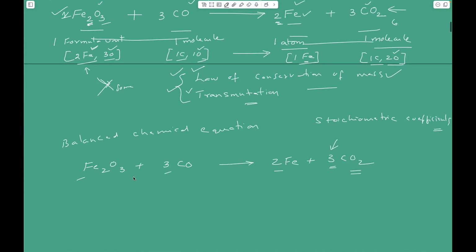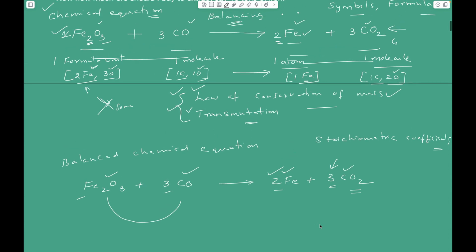They tell a relationship between the amounts of these substances. These coefficients establish a relationship between the amounts of reactants and products, and it is these stoichiometric coefficients or this relationship that we use to calculate the quantities of reactants and products in stoichiometry. That's what we are going to do.